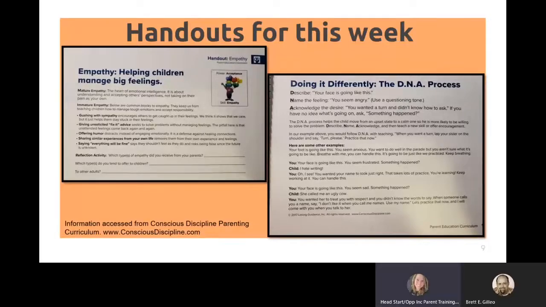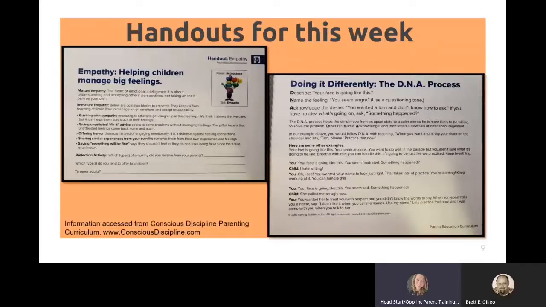Okay, and then these are the handouts that outline everything that we've talked about today. The first one on the left is about what Brett was discussing, what mature empathy looks like, and then the empathy that we might exhibit that's not really empathy: the gushing with sympathy, fixing it, offering humor, those things that he was talking about.